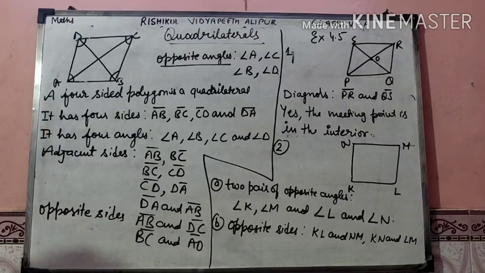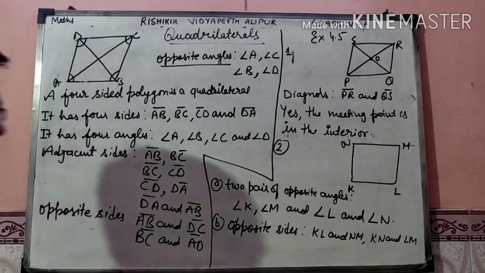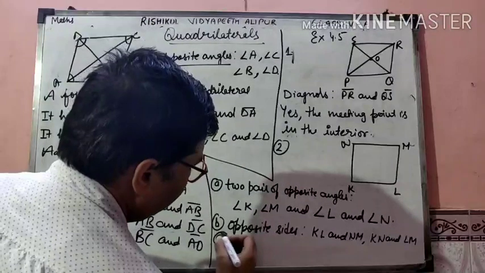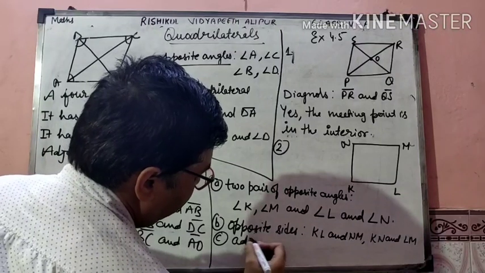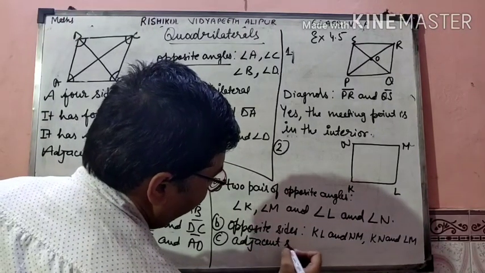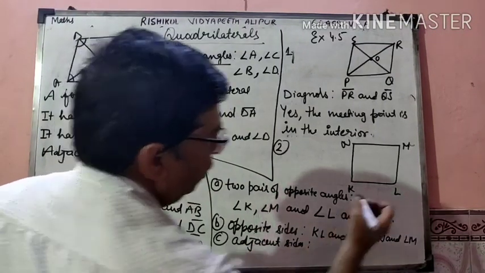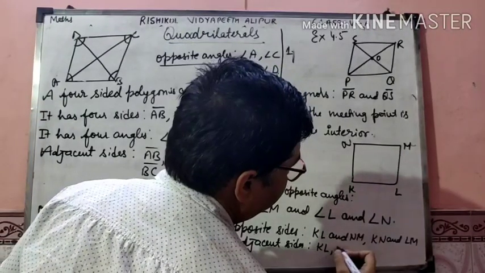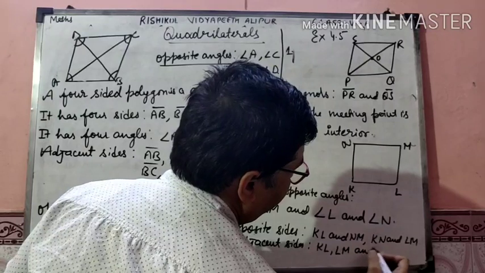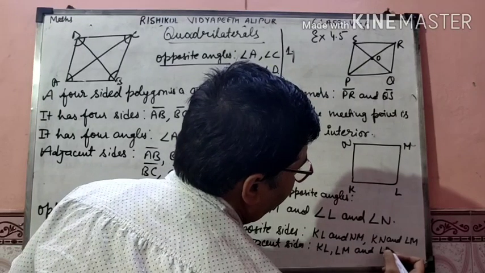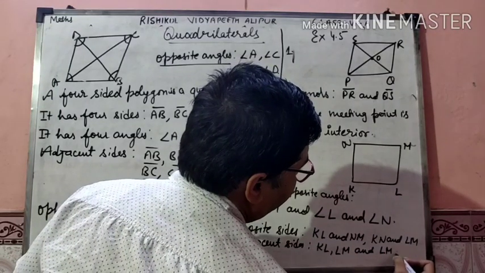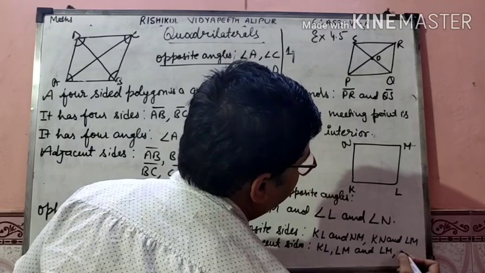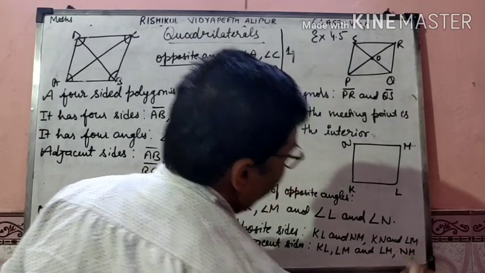Next one is two pairs of adjacent sides. What are adjacent? KL is adjacent to LM, and LM is adjacent to NM.